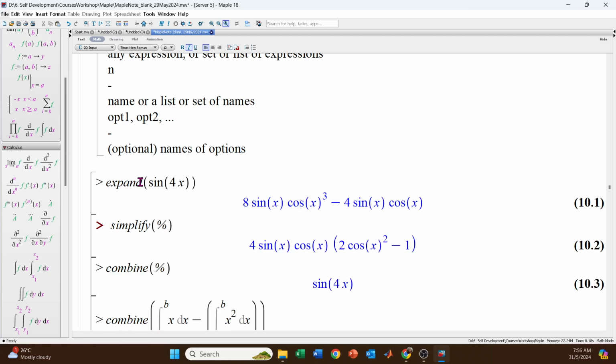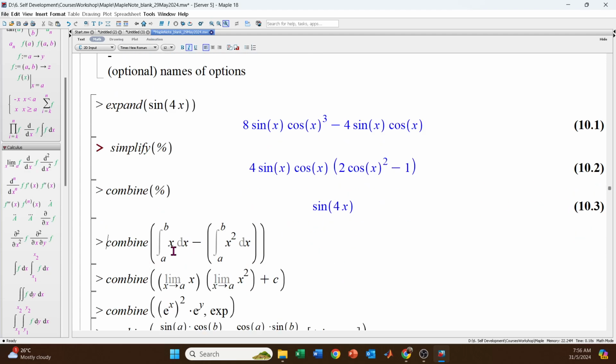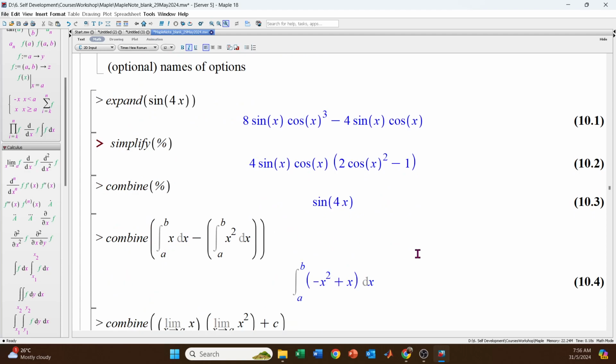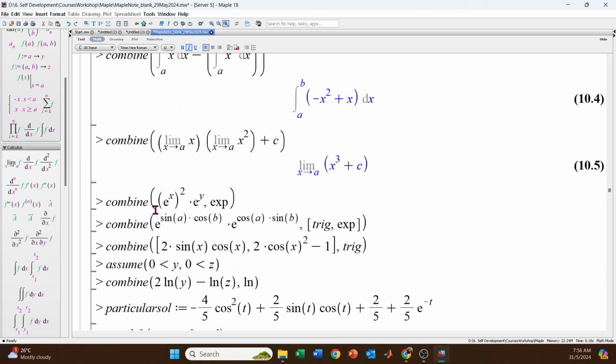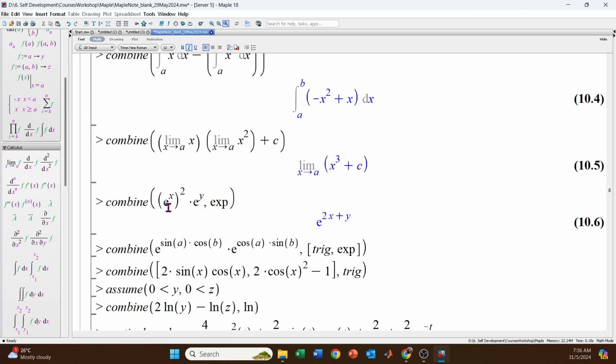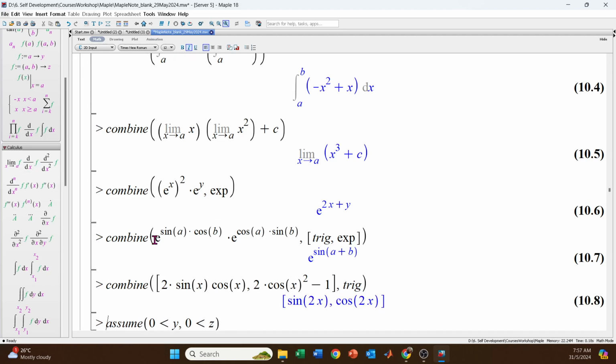Sometimes simplify won't simplify back, that's why I use combine. For example, you can combine two integrals, combine limits, combine exponential terms. Sometimes simplify can do the same as combine, but sometimes it cannot. So this one you combine.